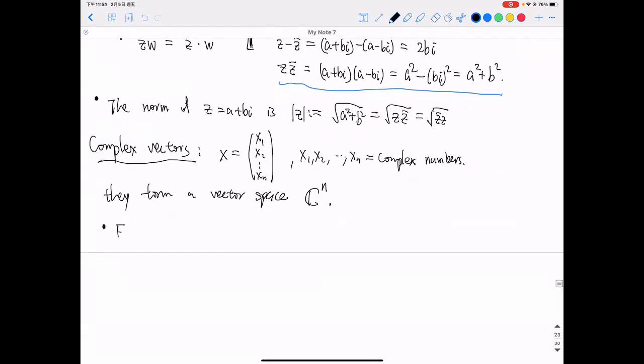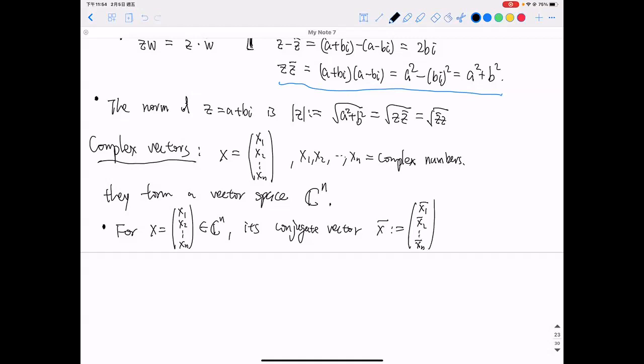If you have a vector x in the complex vector space, its conjugate vector x bar is defined to be the vector whose entries are just the conjugates of the entries of x. So certainly still a vector in C^n.